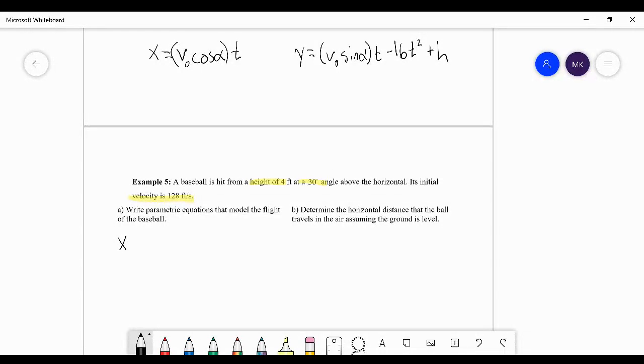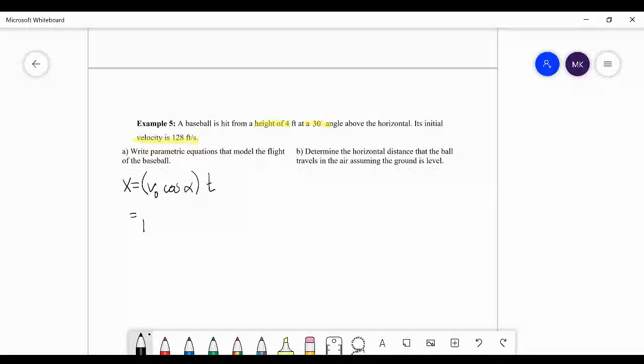So x is equal to v sub 0 cosine of alpha times t. Our initial velocity here is 128. Our angle is 30 degrees, and multiply by t.